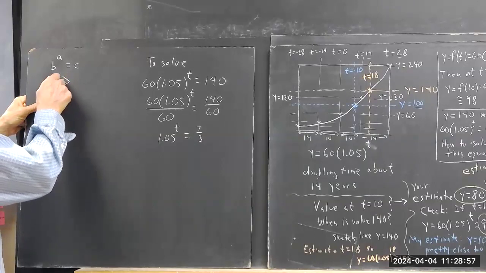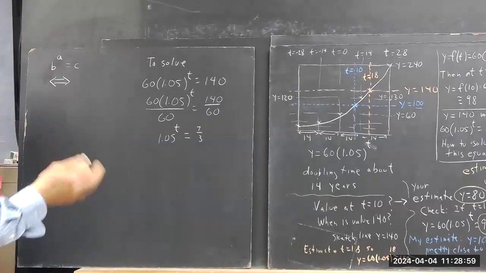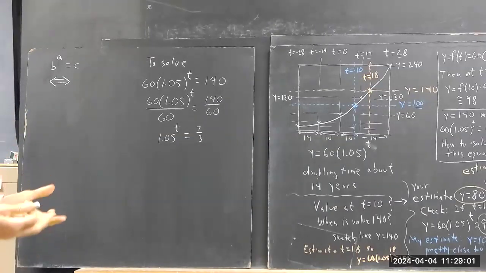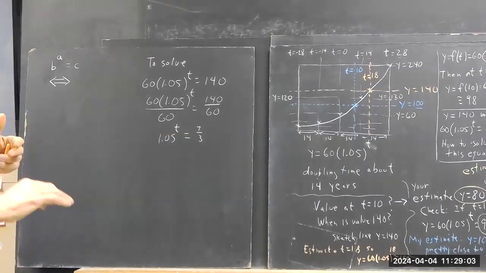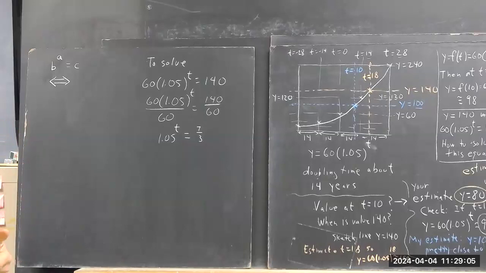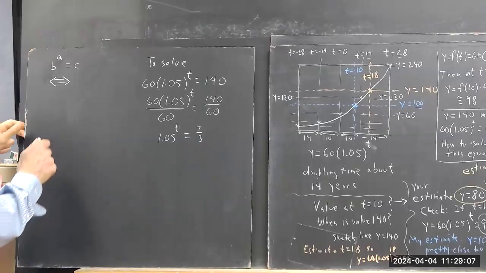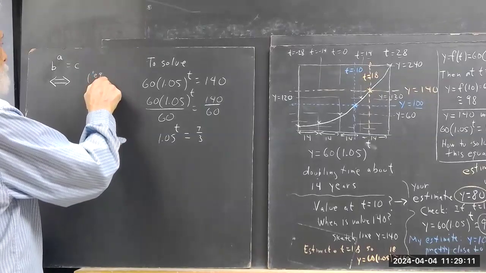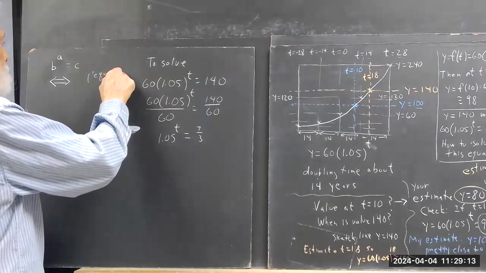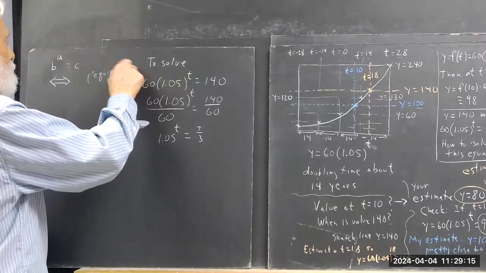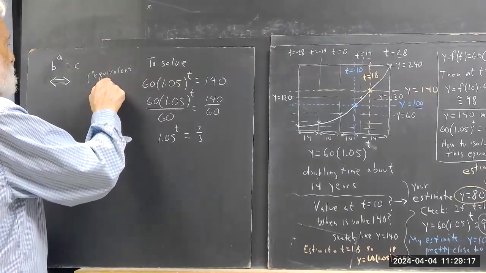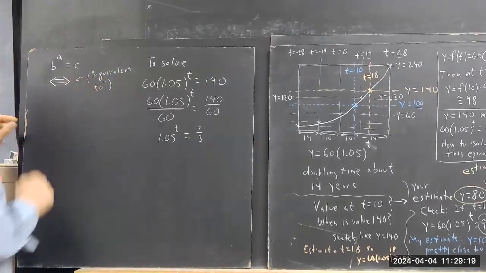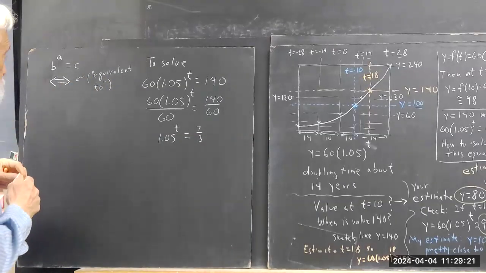and I write the equivalent-to symbol like this. It's not an equal sign. It's an arrow that goes both ways, with a double shaft. That sign means equivalent to.